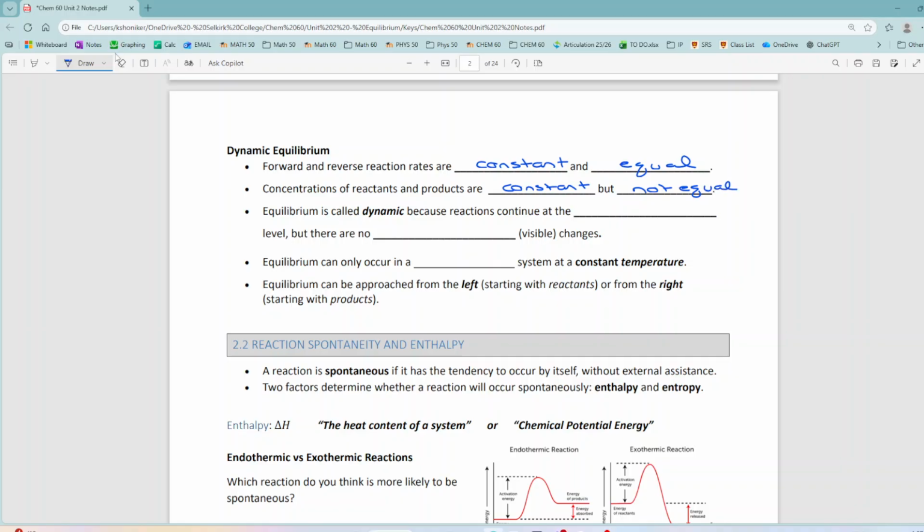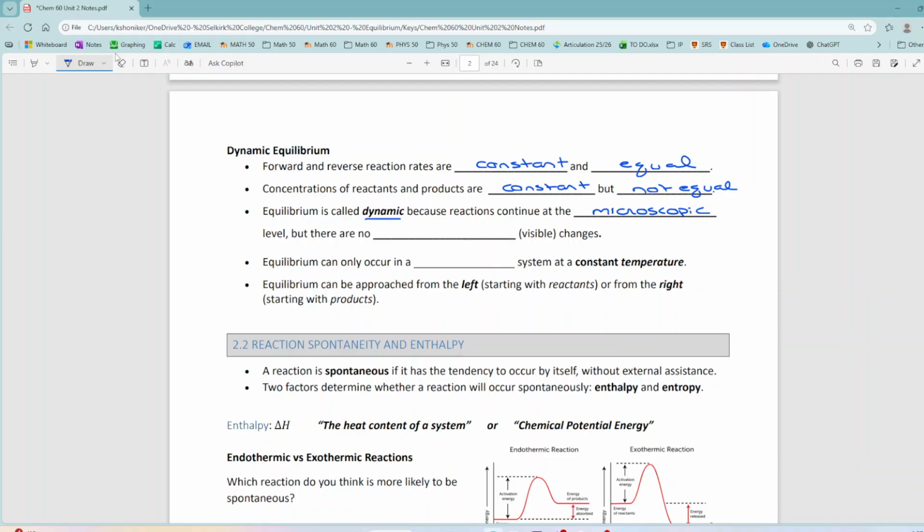The equilibrium is called a dynamic equilibrium because reactions continue at the microscopic level. There is a making and a consuming. I was like, what is the opposite of making, right? You are producing and consuming nitrogen dioxide at the same rate as you are making and consuming dinitrogen tetroxide.